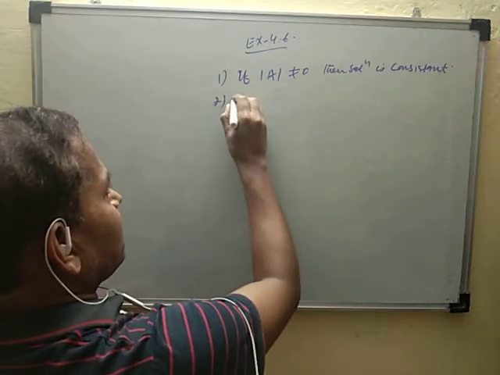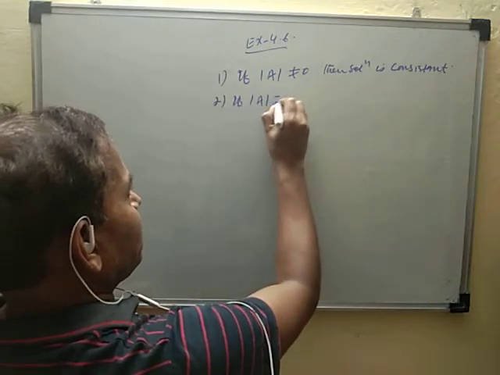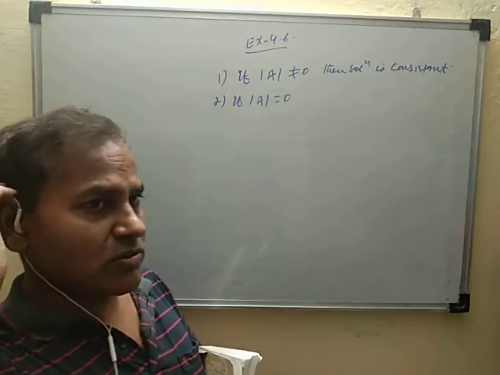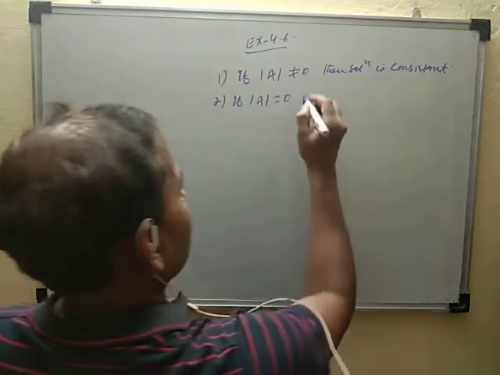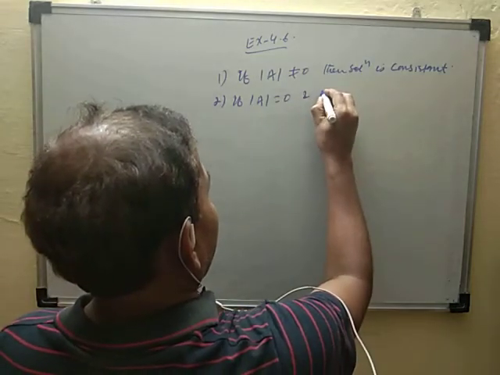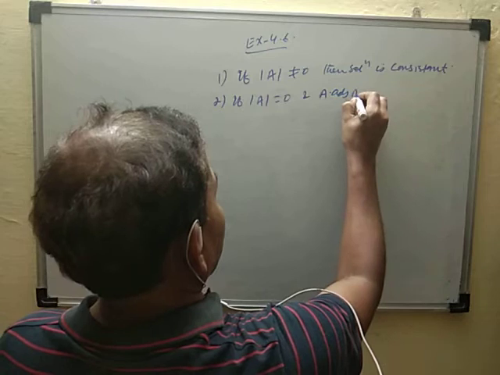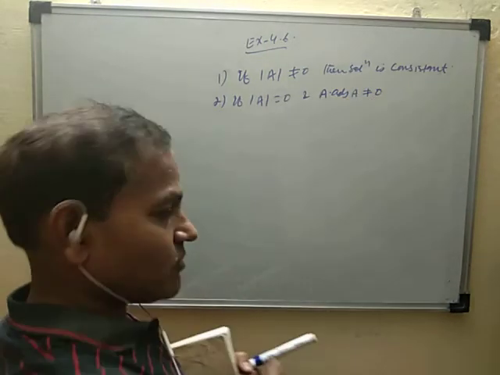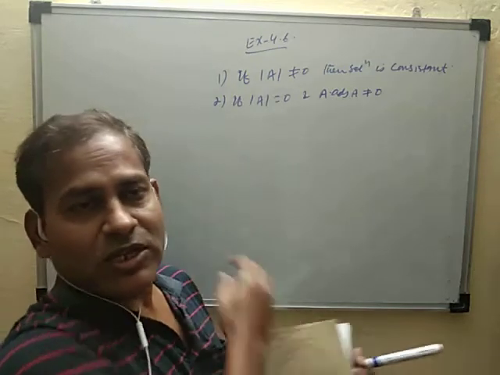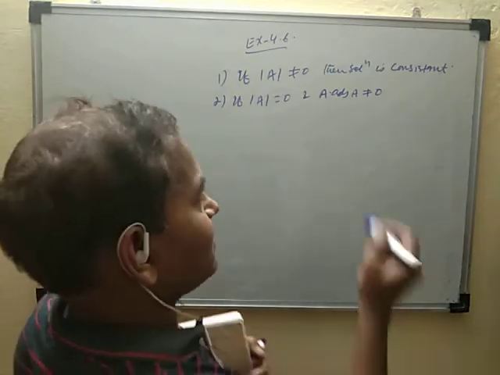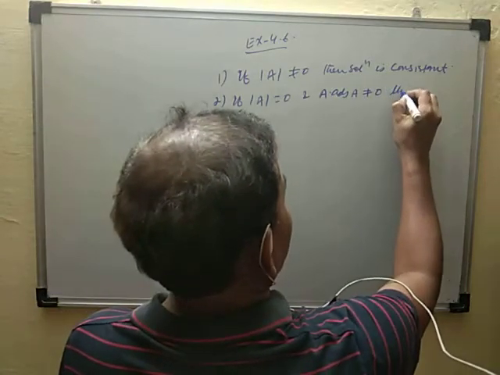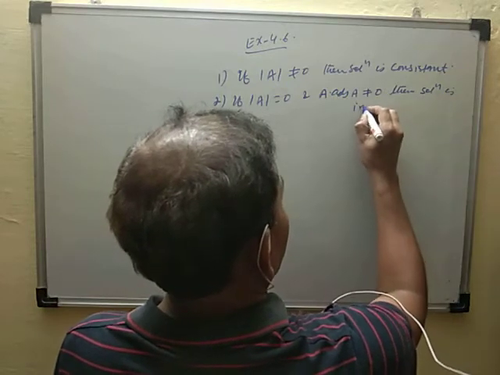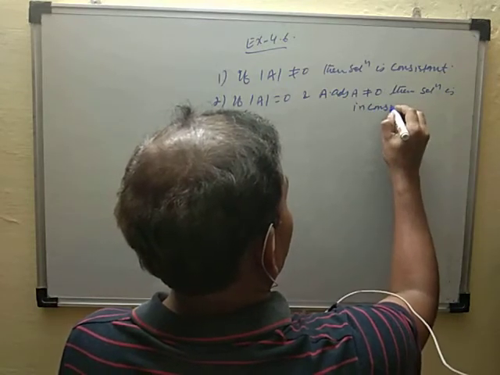And second, if determinant of A is equal to 0, and A into adjoint of A is not equal to 0, then the solution is inconsistent.